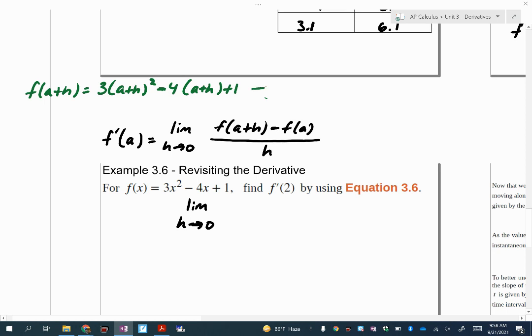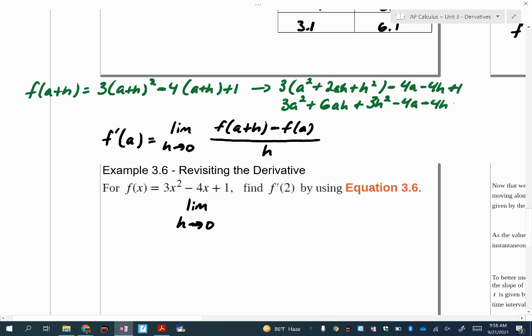So I'm going to keep going this way. And that's going to be 3 times expanding the binomial, so a squared plus 2ah plus h squared, minus 4a minus 4h plus 1. Distribute. You get 3a squared plus 6ah plus 3h squared minus 4a minus 4h plus 1.